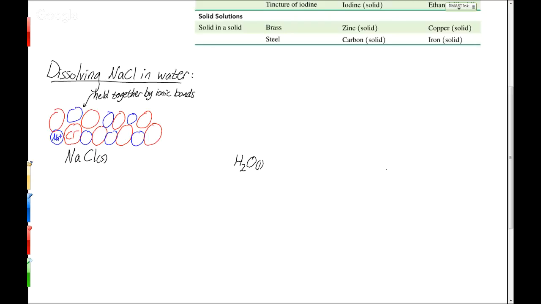Okay, let's look at some water. So here's a water molecule, but then because it's liquid water, those water molecules are holding each other together as well. Okay.